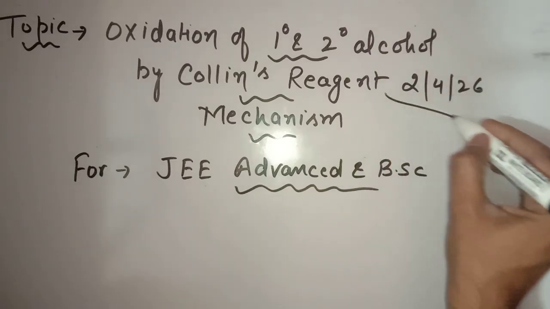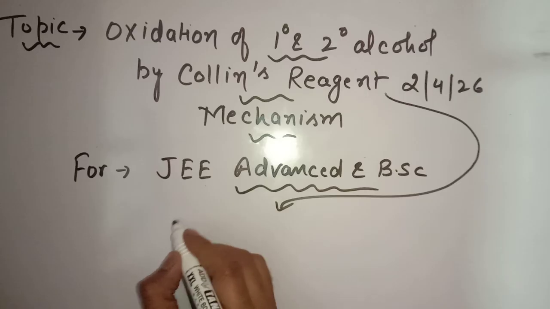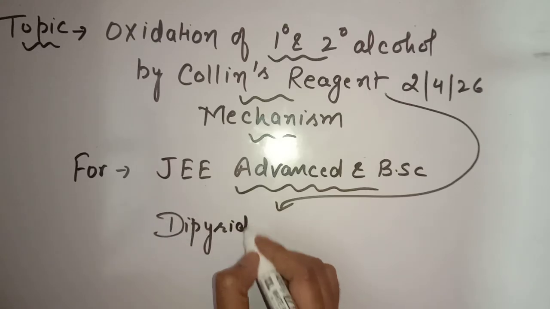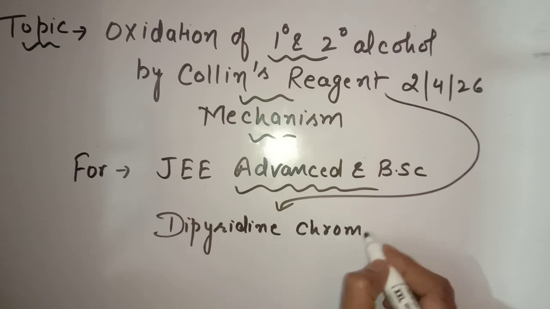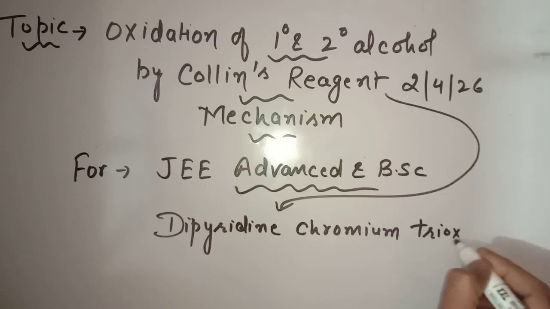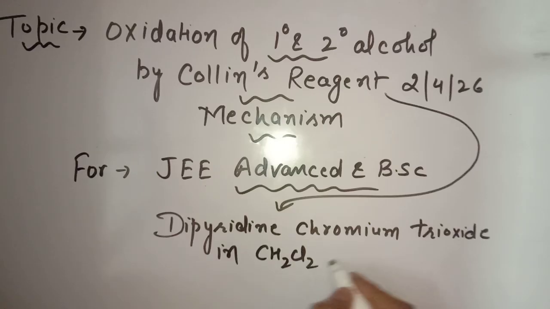Collin's reagent. Let's check what it is. Chemical name: dipyridine chromium trioxide in CH2Cl2 as a solvent.